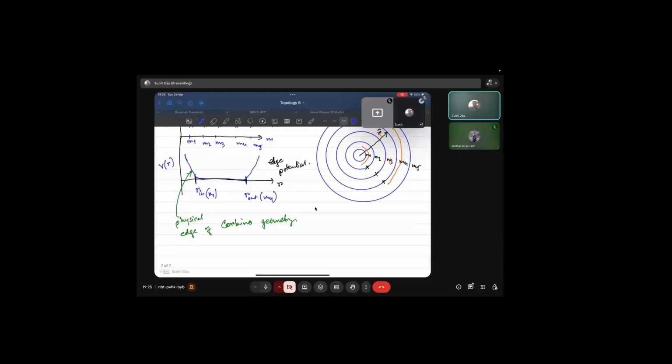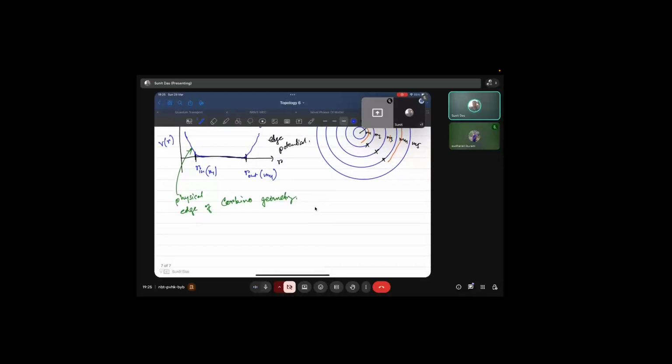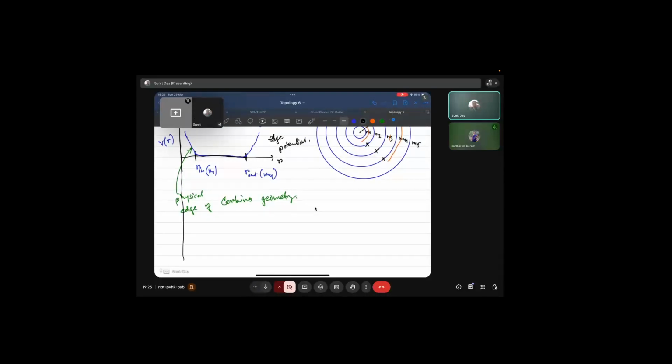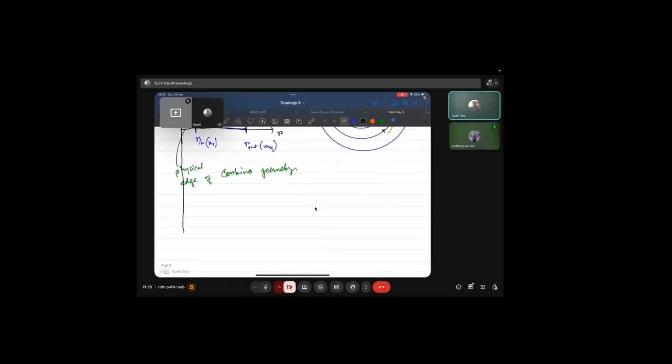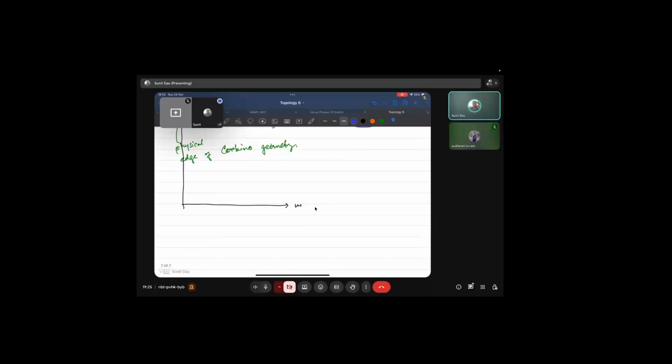So if we try to plot, I'll have to plot in the same scale. This is, let's say, M, and I have the Landau level energies.